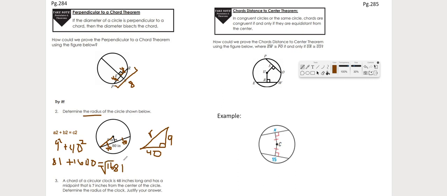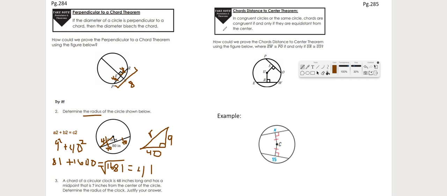And then you do the square root of 1681, which in this case is 41. So right here, the radius length is 41. That's how you find it. You have to use the Pythagorean theorem to find that.